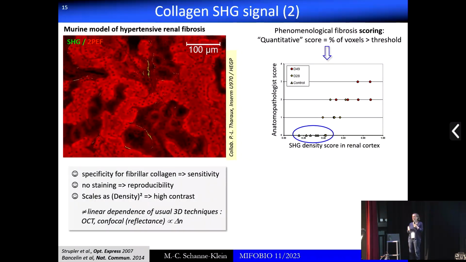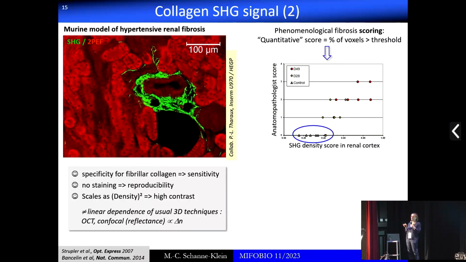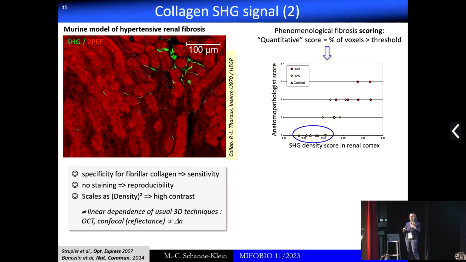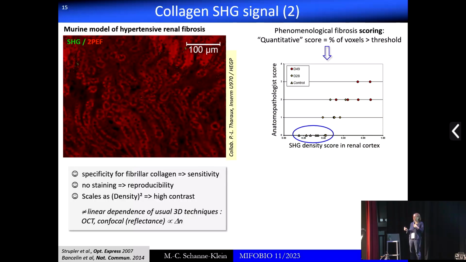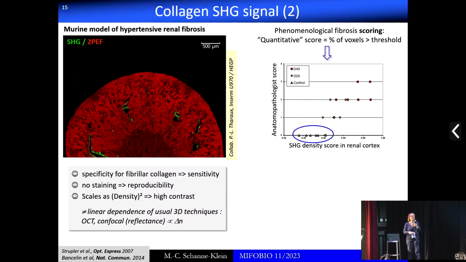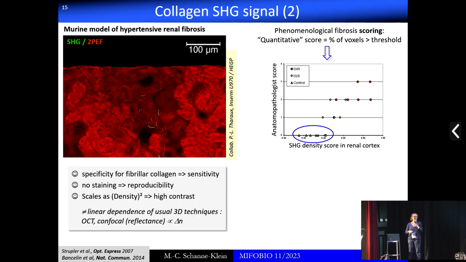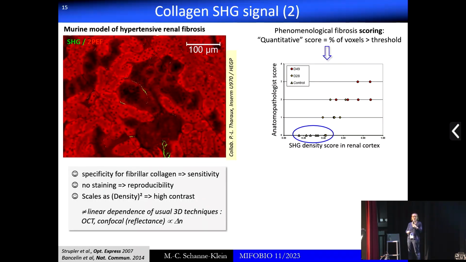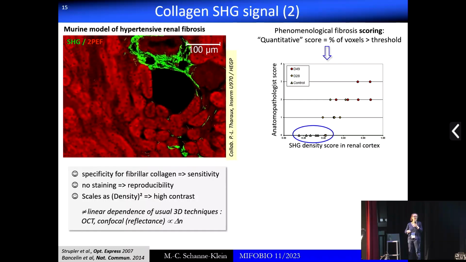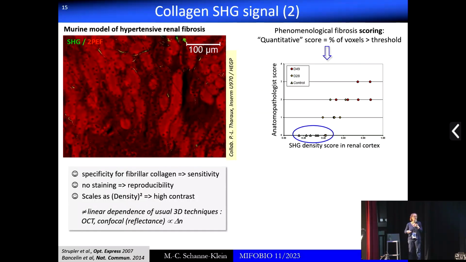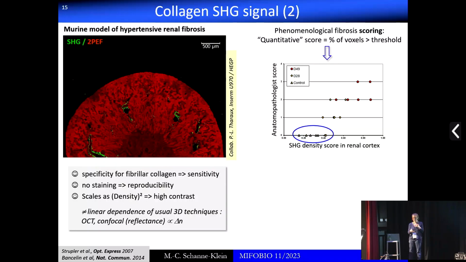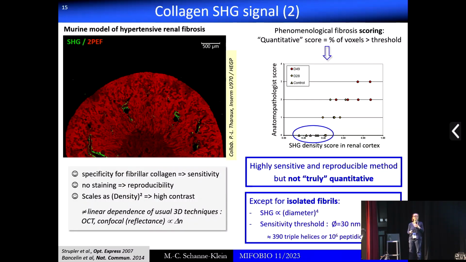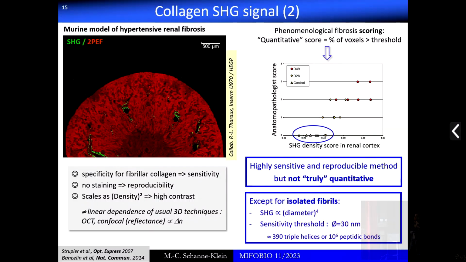Because of the specificity of the signal for collagen, so there is no background noise in the images. And also there is no staining, so it's really reproducible, and it scales at the density squared. That is a high contrast. It's a higher contrast than the usual collagen signal obtained by OCT or confocal. Still, it's not truly quantitative, except for isolated fibers.